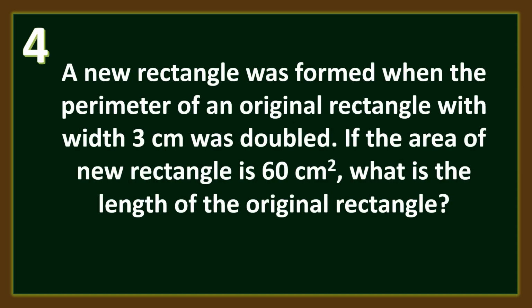Question number 4. A new rectangle was formed when the perimeter of an original rectangle with width 3 centimeters was doubled. If the area of the new rectangle is 60 squared centimeters, what is the length of the original rectangle? Go.